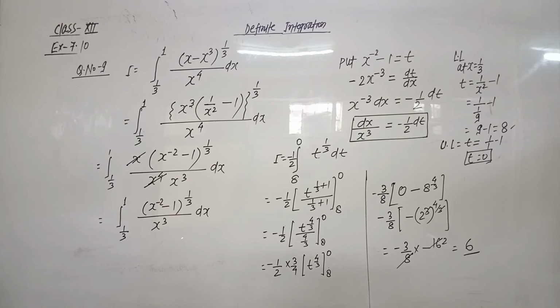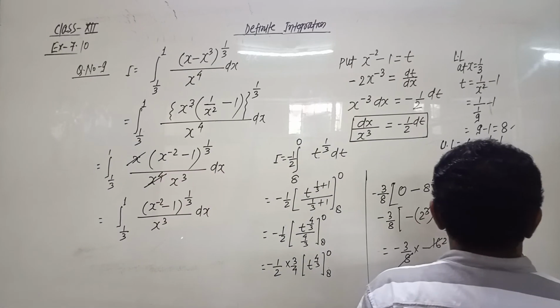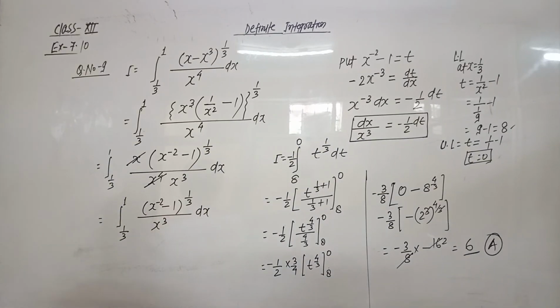So 6 is the correct option, option A. Option A is the correct option. In the answer sheet there is a mistake. B is not the correct option, but A is the correct option. In the book, in the answer sheet there is a mistake.